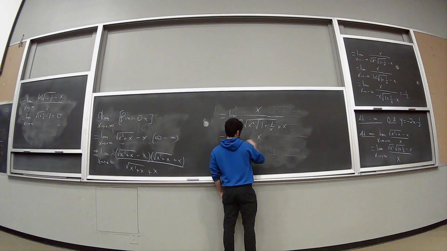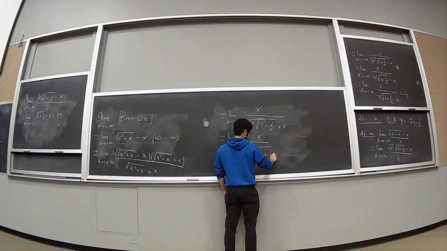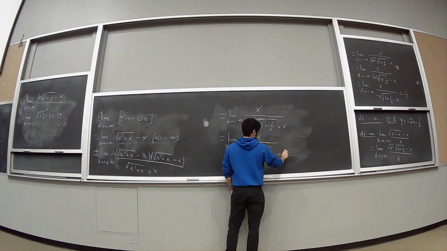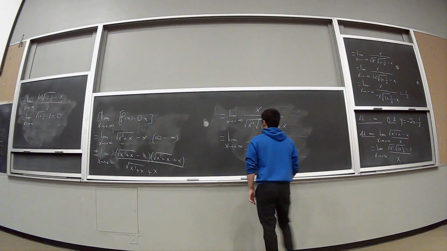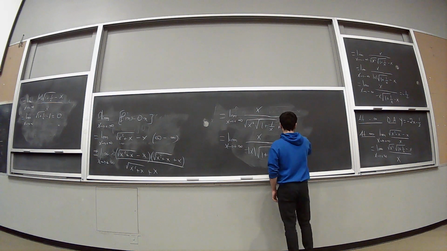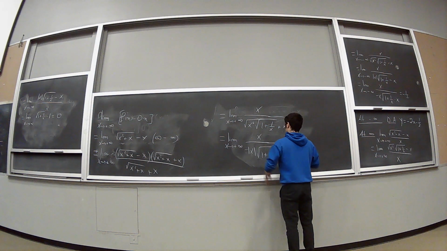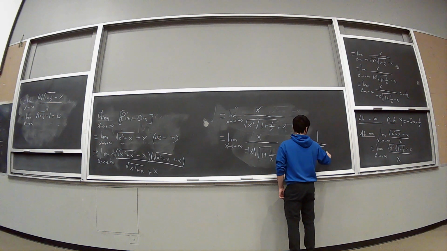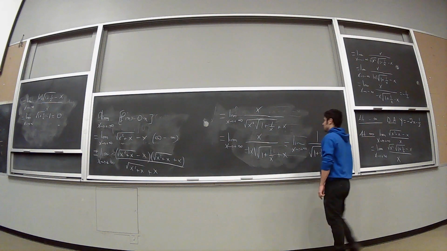So it's the absolute value of x plus x. Now the absolute value of x is equal to x, so I will cancel this. I'll do all the required cancellation. So what do you get? x, 1 over square root of 1 plus 1 over x plus 1, and you get 1/2.